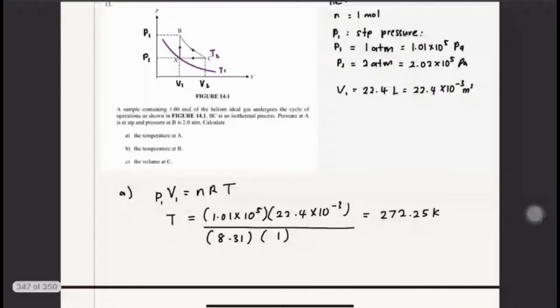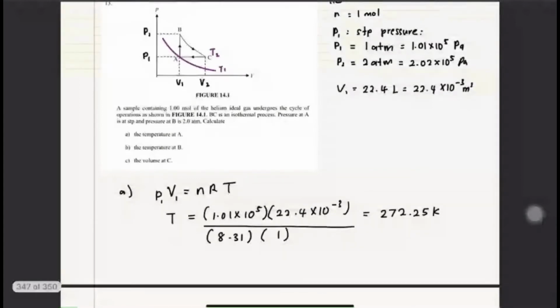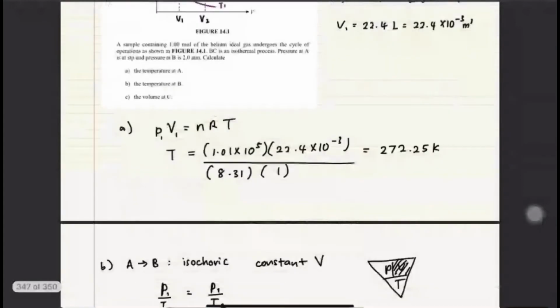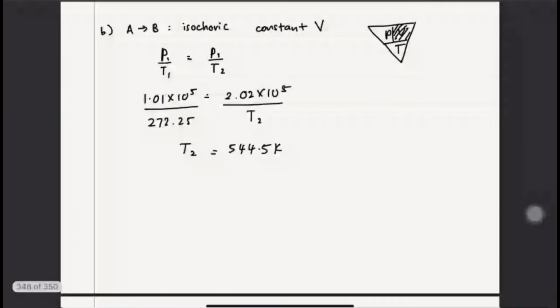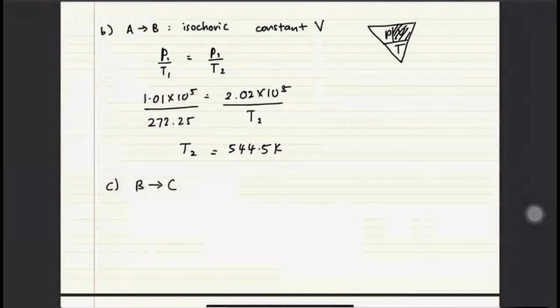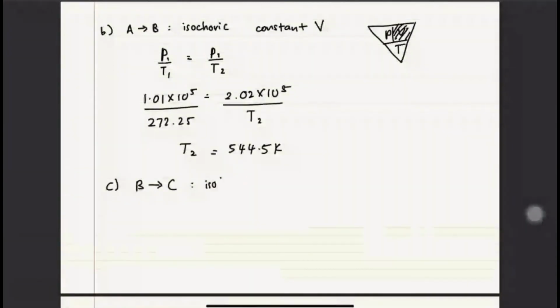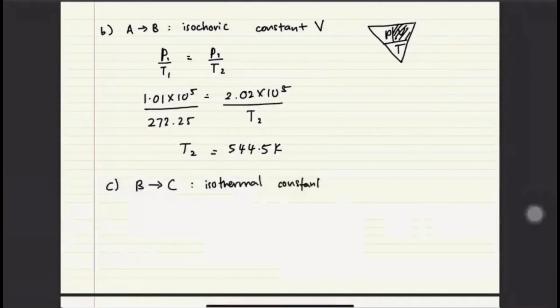Okay, yang C pula dia kata find the volume at C. Ni kamu nak pakai apa pula? Pakai PV nRT boleh juga kan. You can use the triangle again. B to C now is isothermal, constant T. Actually you can use PV equals to nRT juga, tak ada masalah sebab saya rasa cukup maklumat. Tapi saya rasa ini paling cepat kira.